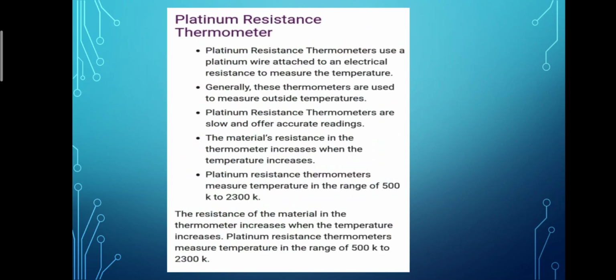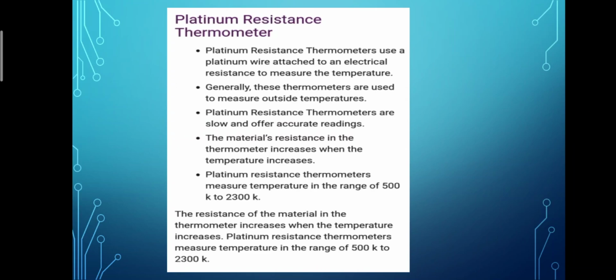Platinum resistance thermometer. Platinum resistance thermometers use a platinum wire attached to an electrical resistor to measure the temperature. Generally, these thermometers are used to measure outside temperatures. They are slow and offer accurate readings.